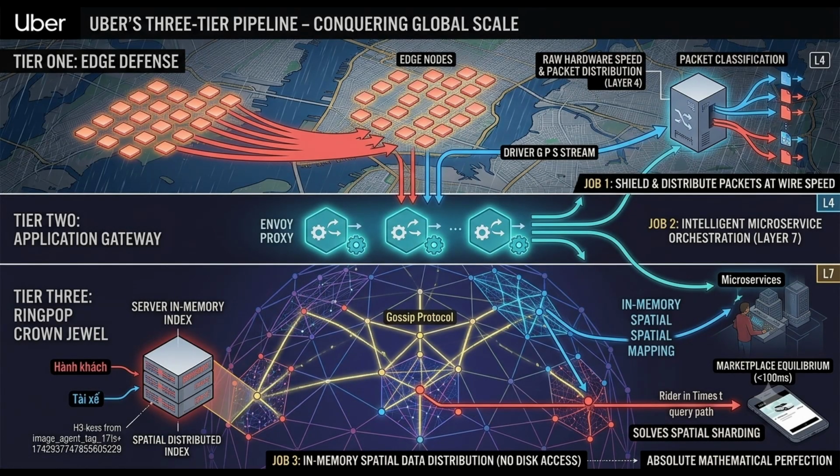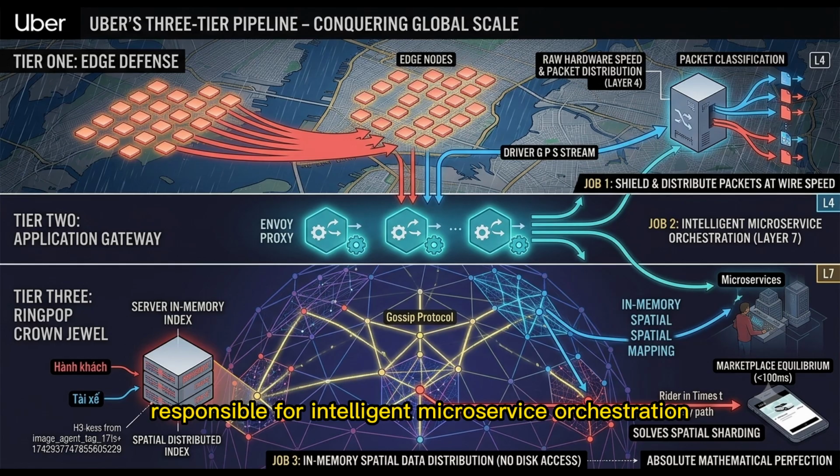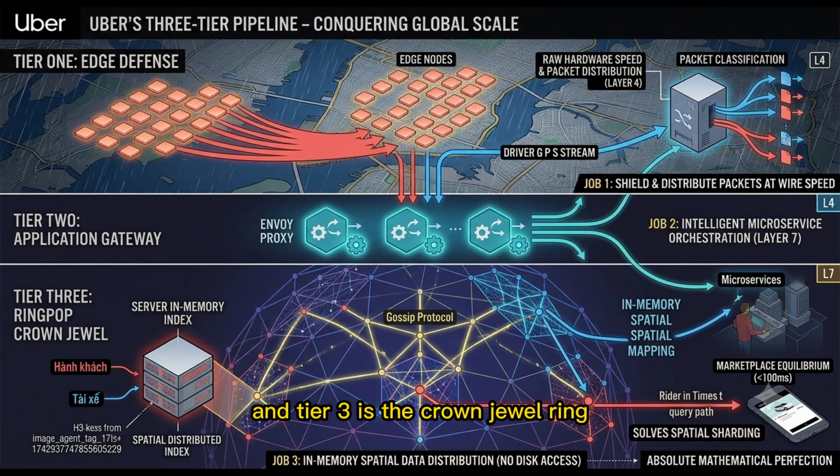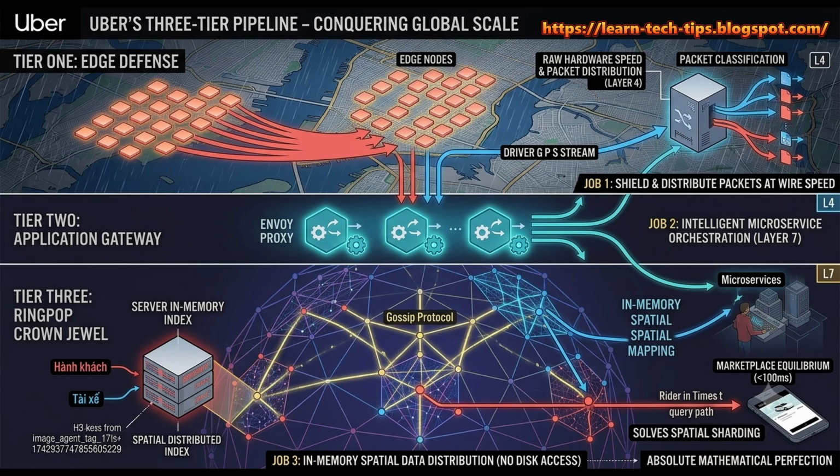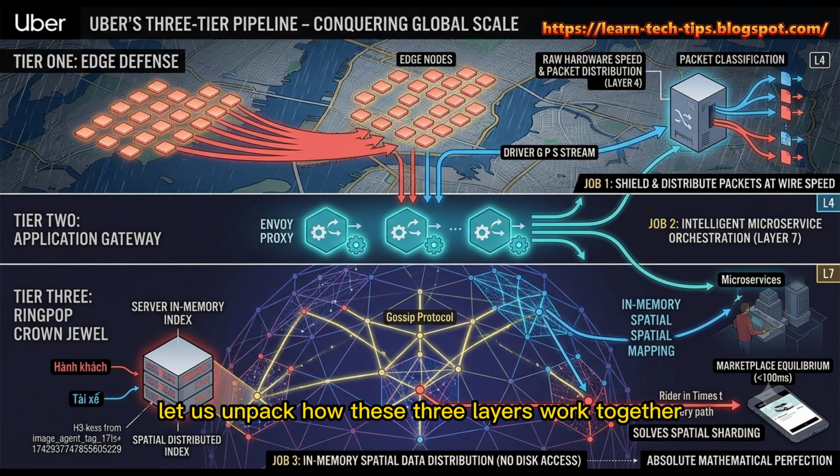Tier 2 is the application gateway, powered by Envoy proxy at layer 7, responsible for intelligent microservice orchestration. And Tier 3 is the crown jewel, Ringpop, an in-memory application level routing cluster that solves spatial data distribution without touching a disk. Let us unpack how these three layers work together to conquer global scale.